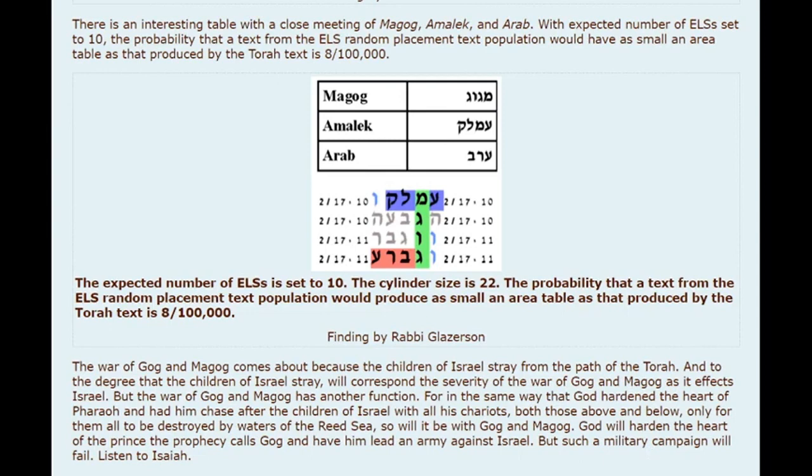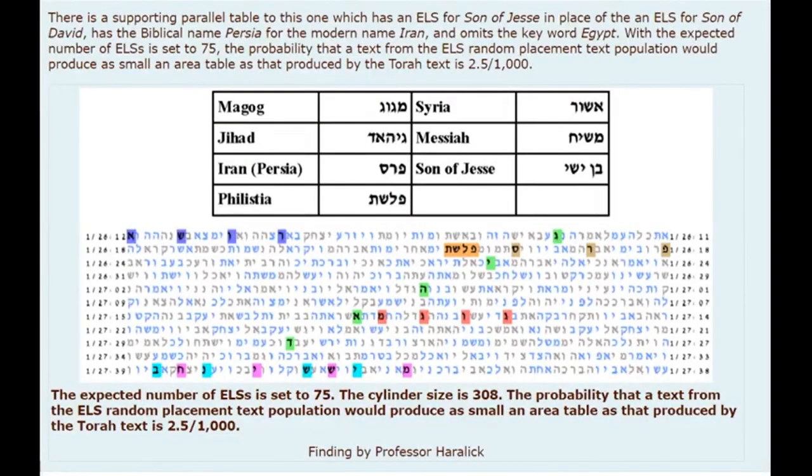Listen to Isaiah, so he brings in the site, he brings the prophecy. So here we have, interesting, a supporting parallel table to this one, which has ELS for son of Jesse in place of an ELS for son of David, uses the biblical name Persia for the modern name Iran, and omits the key word Egypt, with the expected number set to 75.